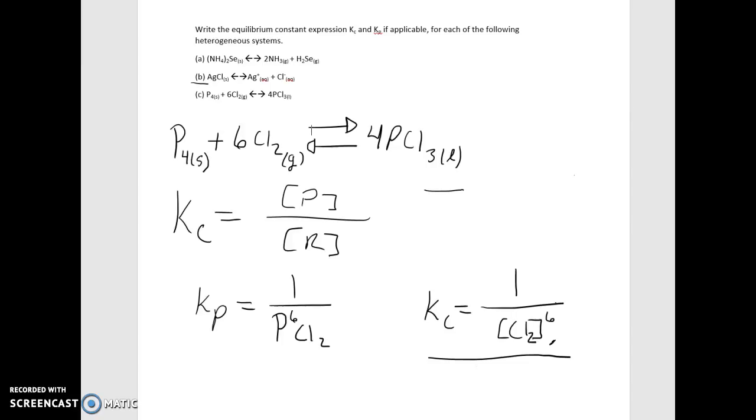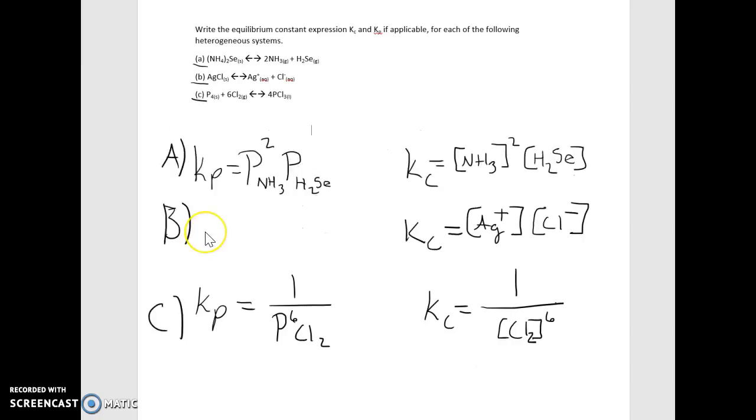And these are our equilibrium constant expressions for C. And then these are our total answers for A, B, and C. Thank you.